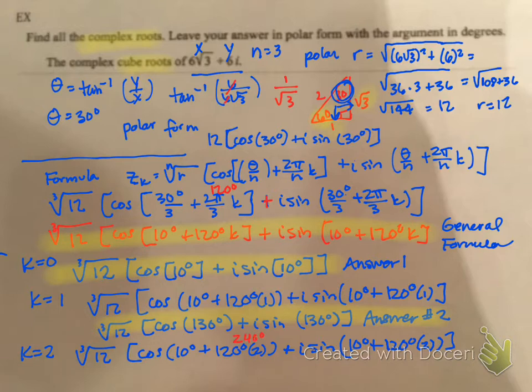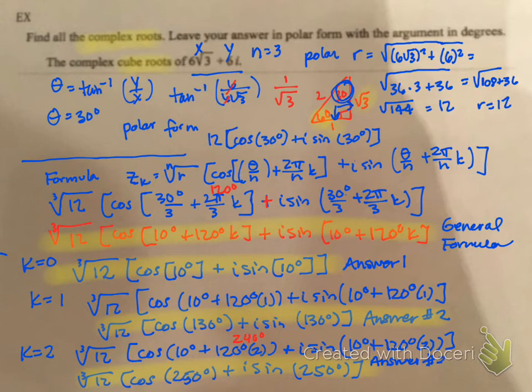So if I add 10 to 240, I get 250. So this becomes the cube root of 12 cosine of 250 plus i sine of 250 degrees. And that is your last answer. That's answer number 3.